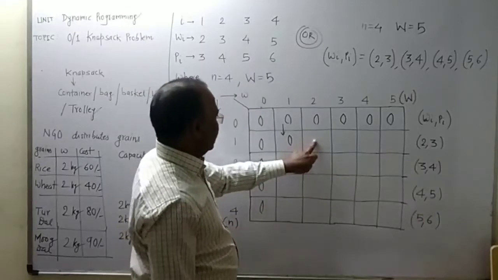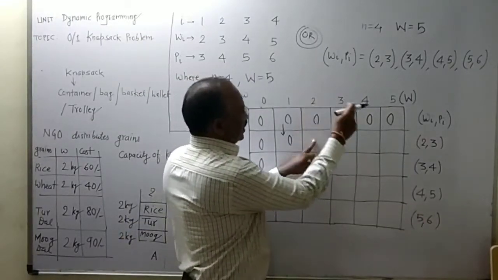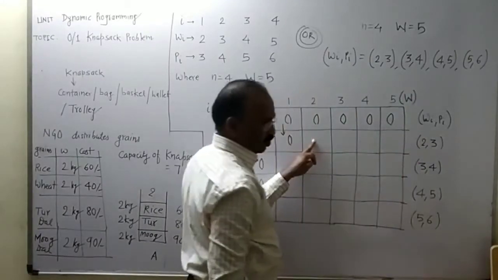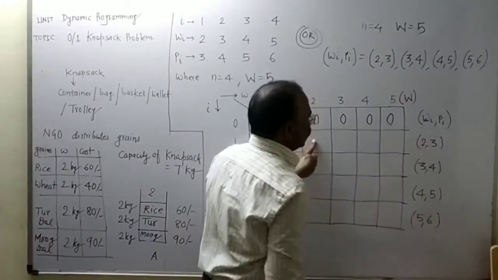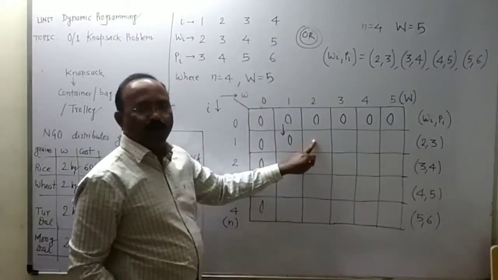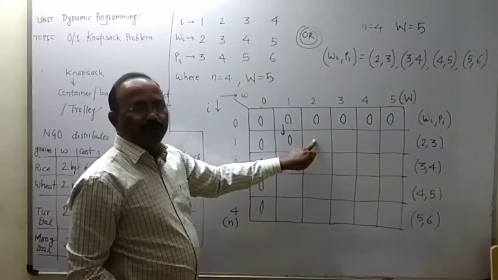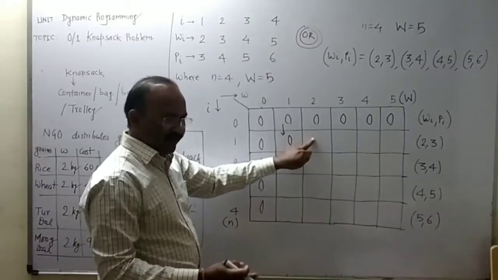Now here the column is 2, and this 2 is not less than this 2. So that's why we have to select a new column for the value. How to select?